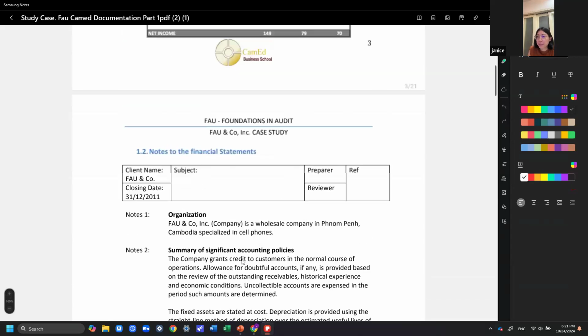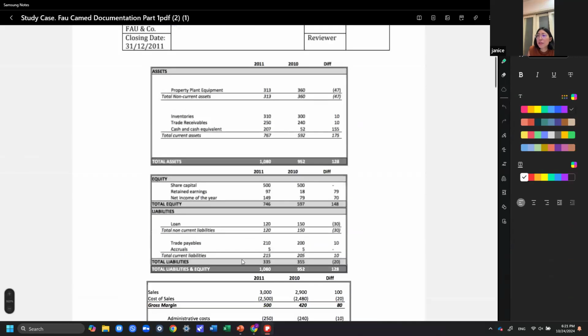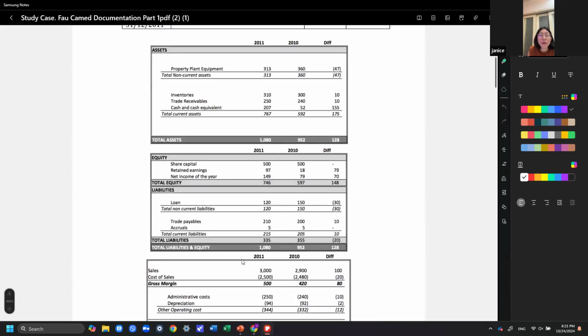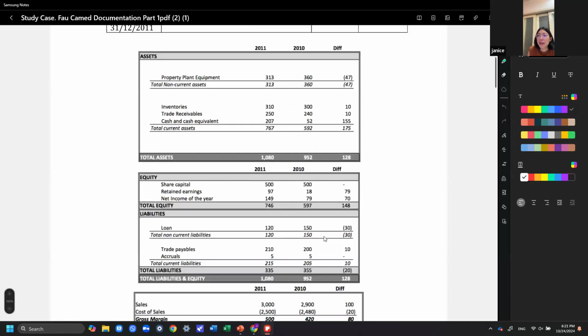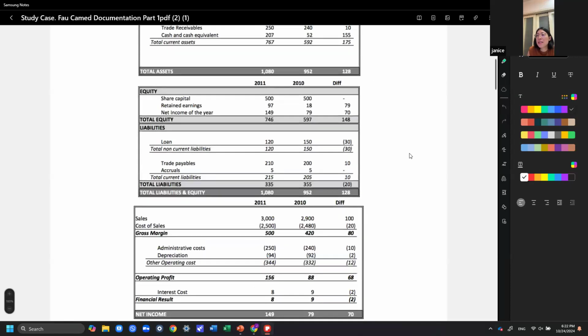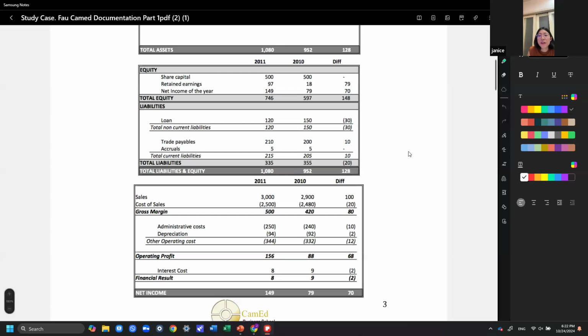So it's a company that sells mobile phones, and we have their financial statement. Menghood, are you following with me?